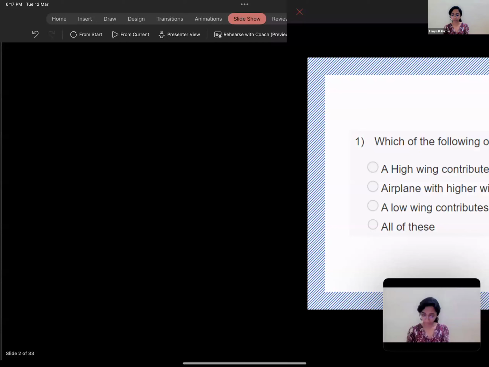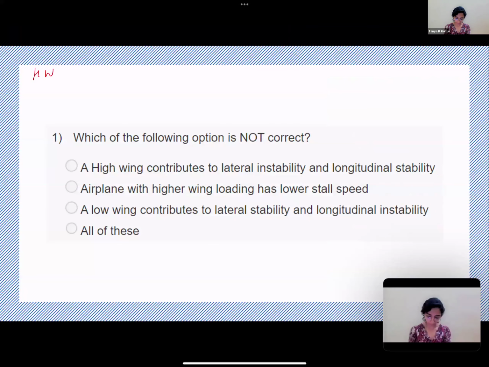Can someone tell me, high wing, lateral case, longitudinal case, low wing. So lateral case, is the high wing stable or unstable?